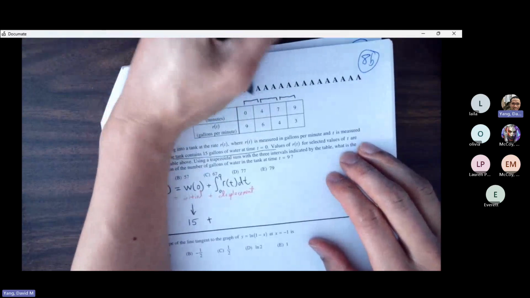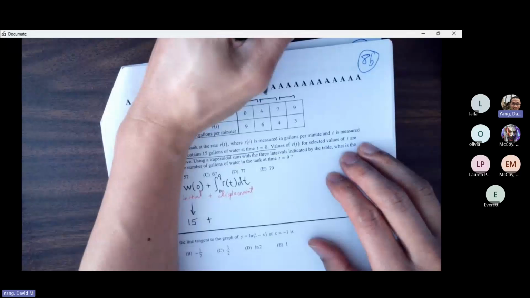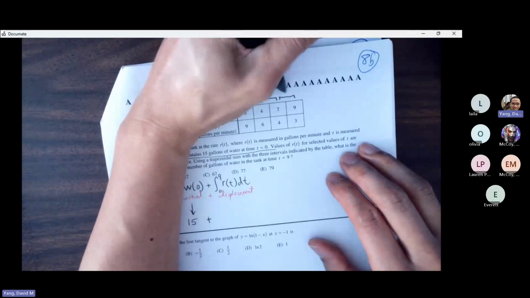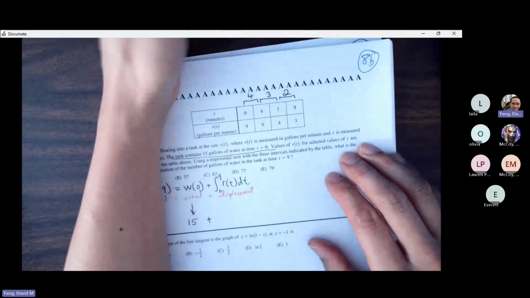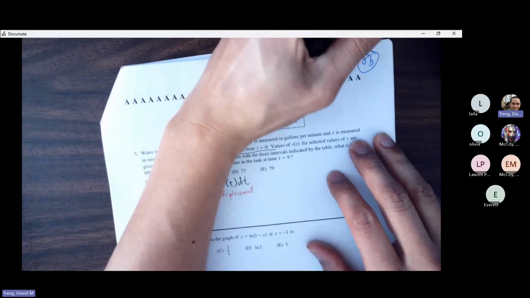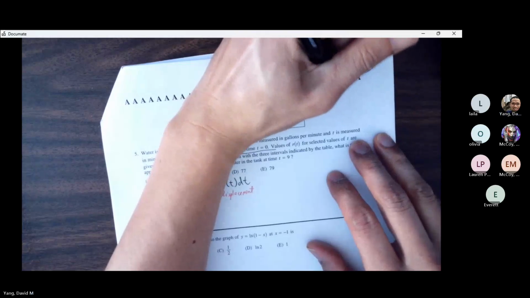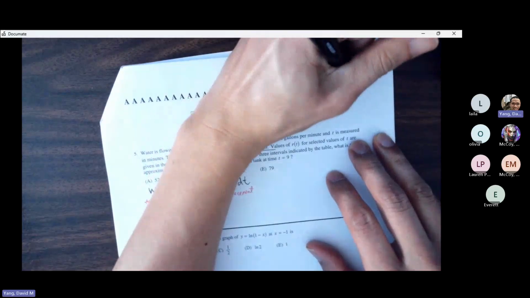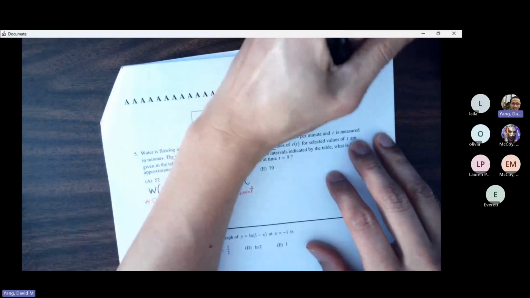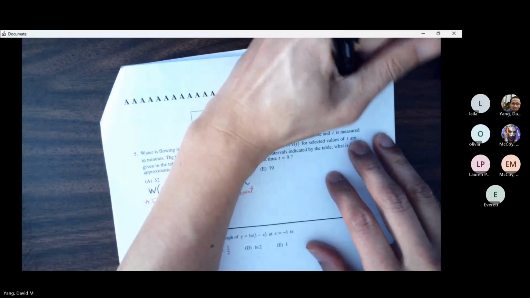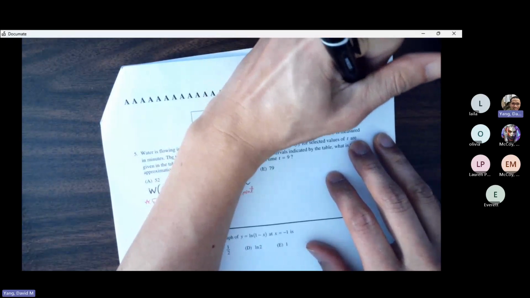If I subtract the t-values, I get the width of these trapezoids that I want to find the area for. And remember, trapezoid area formula is 1/2 width, height 1 plus height 2.